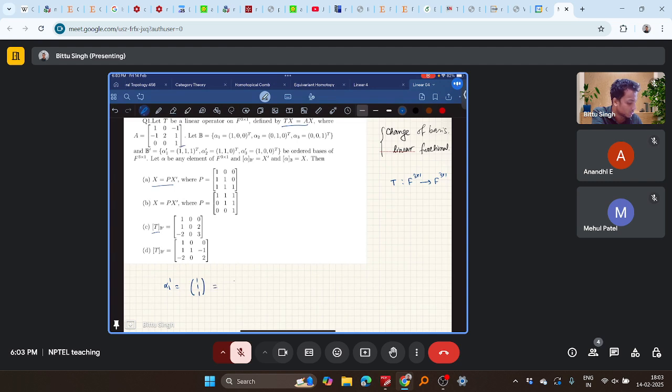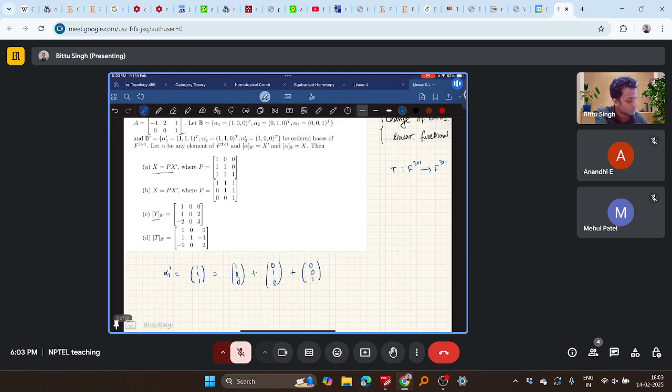It can be written as 1 0 0 plus 0 1 0 plus 0 0 1. You can see that those are the standard basis, by this notation alpha 1, alpha 2, alpha 3. So we can write it as alpha 1 plus alpha 2 plus alpha 3.